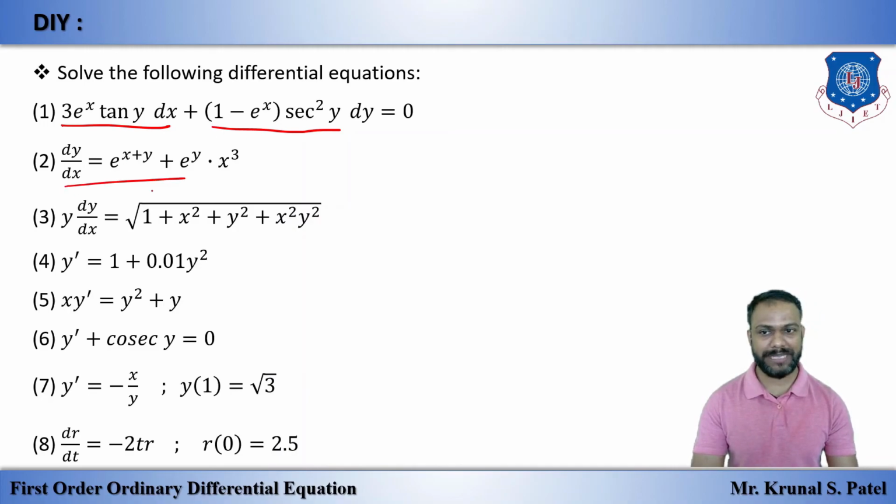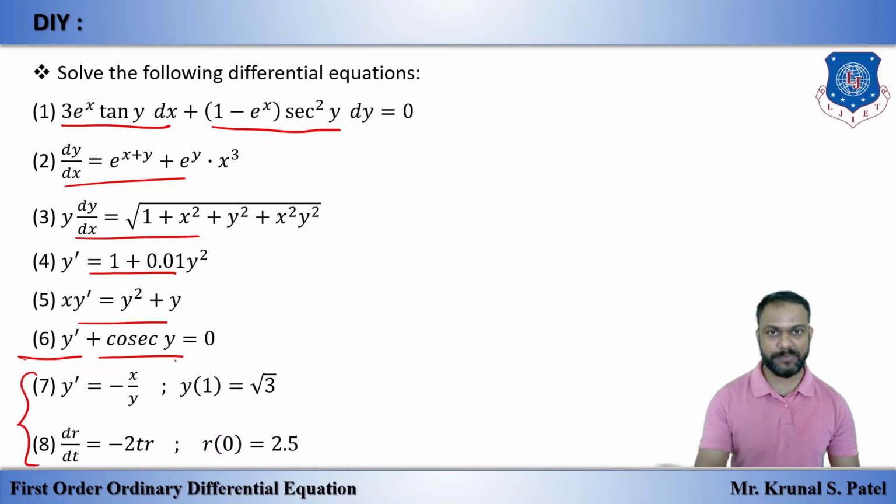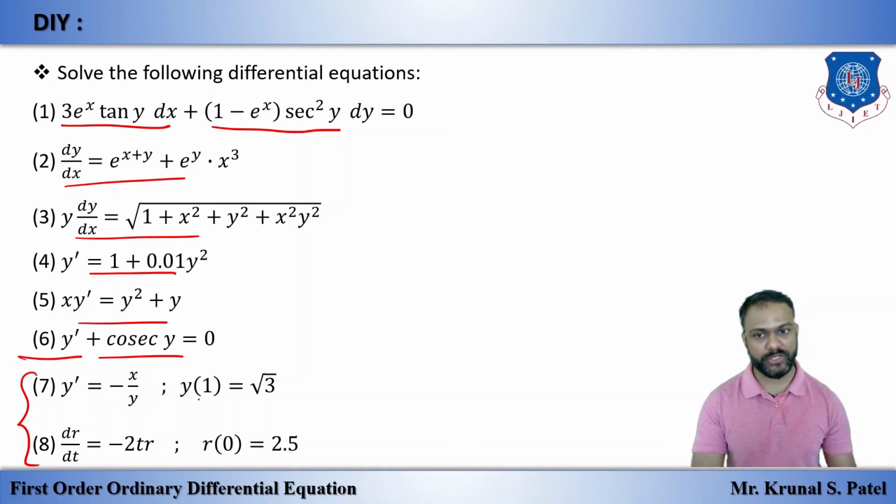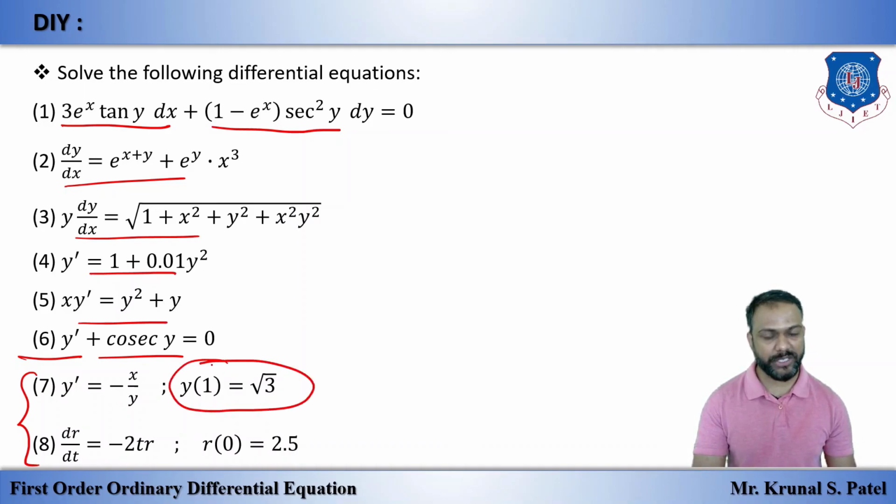These are simple examples, just try to solve them yourself. If you have any queries, you can contact me. These are 6 simple examples, and these 2 examples are like the previous example, initial value problems. After getting the general solution, you have to use this initial value and find the arbitrary constant, and you will get the particular solution.